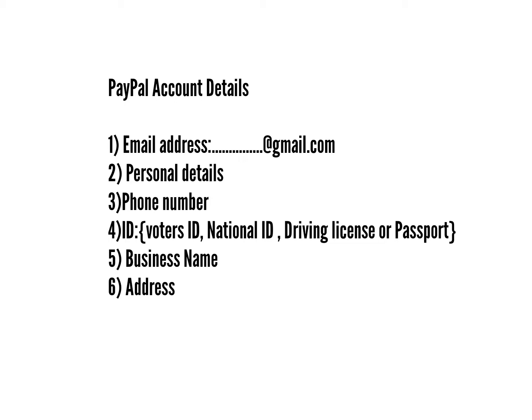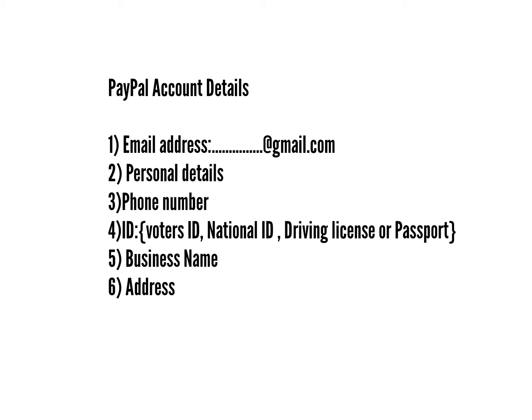The third one, you're going to need a business phone number. The fourth one, your ID card, either Ghana card or voters ID, or driving license, even a passport. When creating the account, you'll see it yourself.